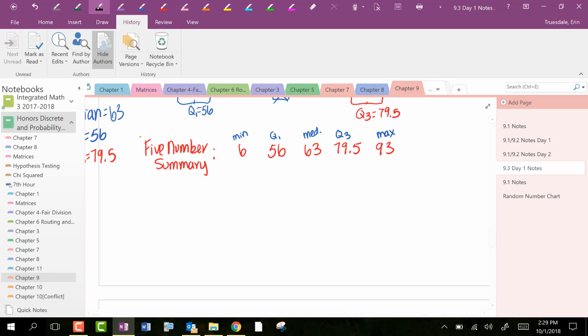Okay. Then we're going to make our box plot. Your box plot needs some sort of scale on the bottom. It doesn't need a vertical scale, but it needs a scale along the bottom. It looks like I need to go from 0 to 100, so I'll just go by tens. You can go by whatever you want as long as you mark it.